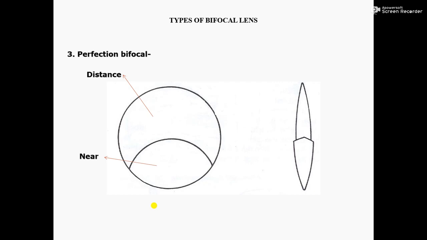Here two portions were joined by beveling. Beveling means reduced to a sloping edge to contact the peripheral part such that they fitted together at the junction. Here the distance portion was larger than the near portion.